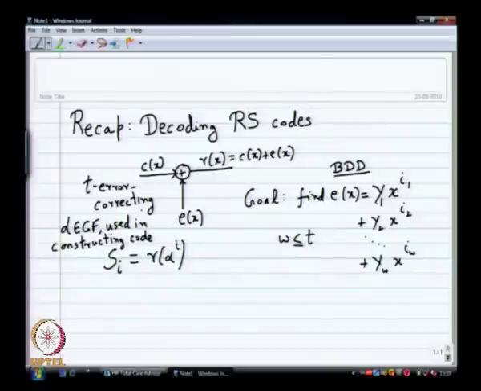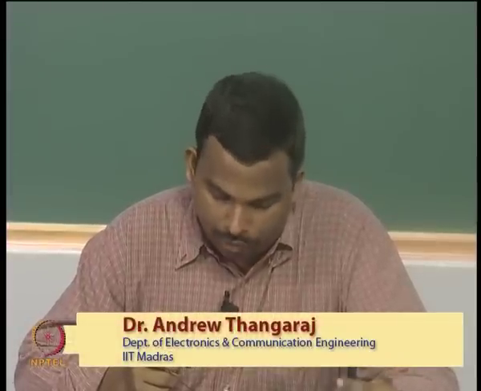Hopefully it is clear what I mean by alpha. So R of alpha power I, and we saw that this is the same as E of alpha power I for I between 1 and 2t, right. So the first 2t powers of alpha show up as rows in the parity check matrix. So C of alpha power I will be 0. So if you evaluate R of alpha power I, you get E of alpha power I.